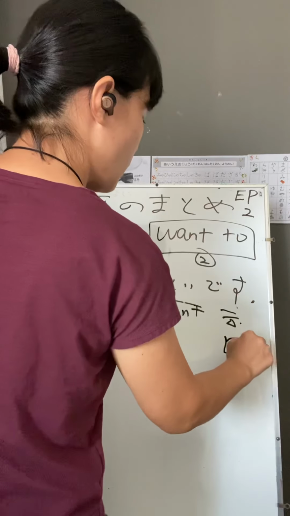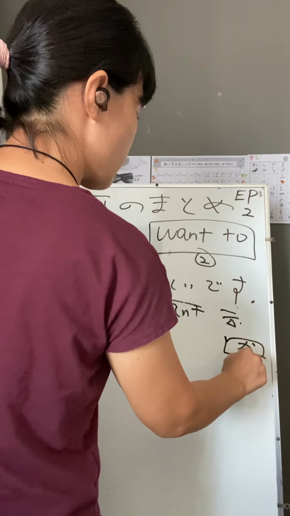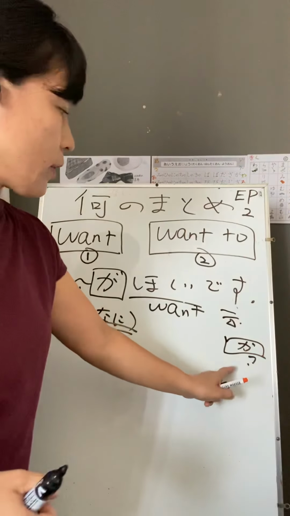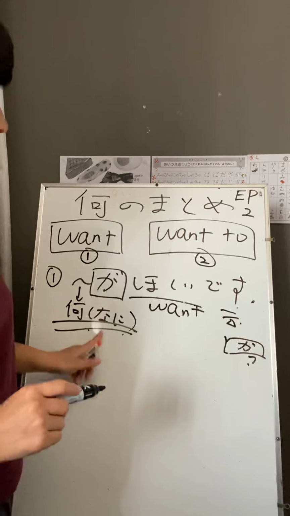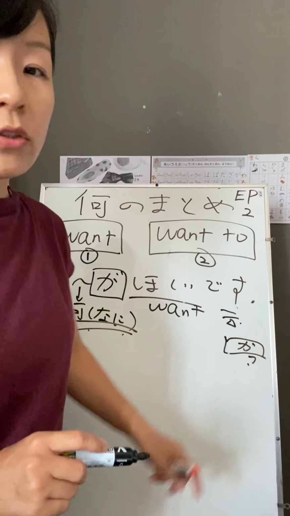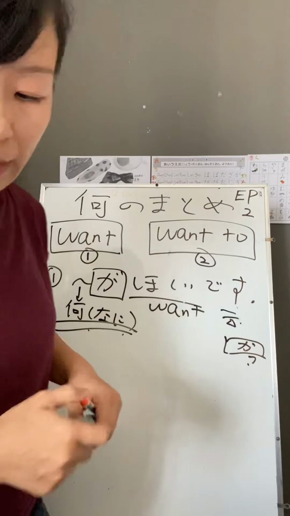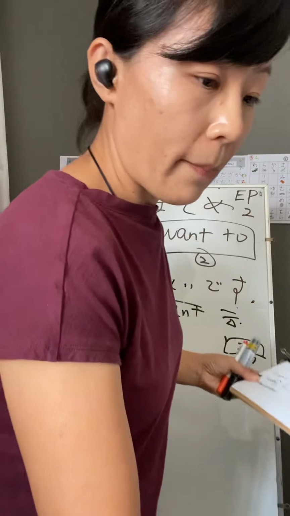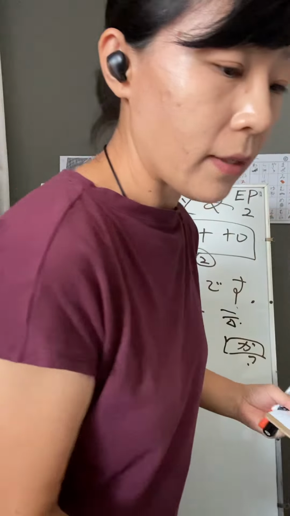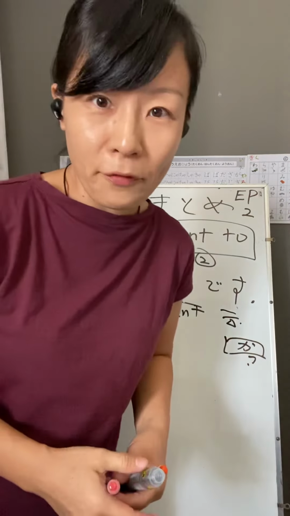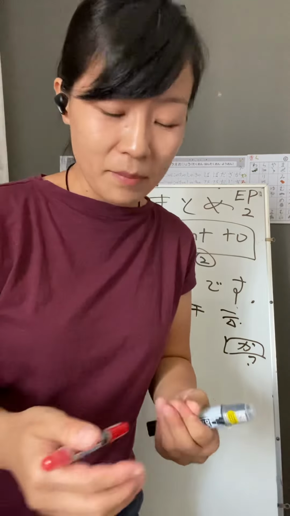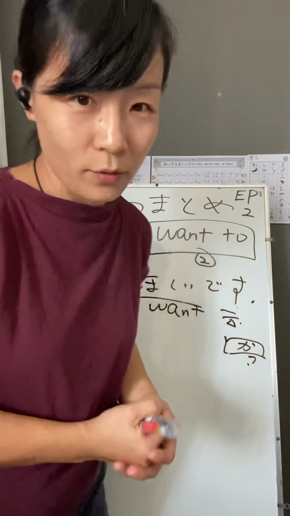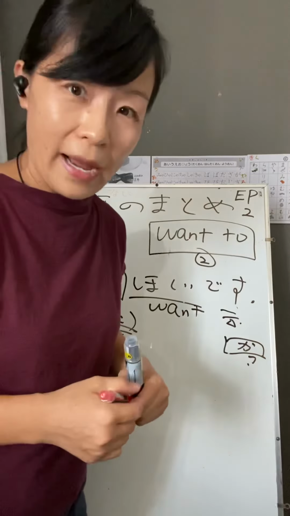If you want to turn the sentence into a question, you add on the question word か. 何が欲しいですか? What do you want? Christmas is coming. For example, if you want to ask your friends or your families, nowadays children have something specific they want, right? So instead of just buying anything, sometimes you have to guess what they want us to prepare.